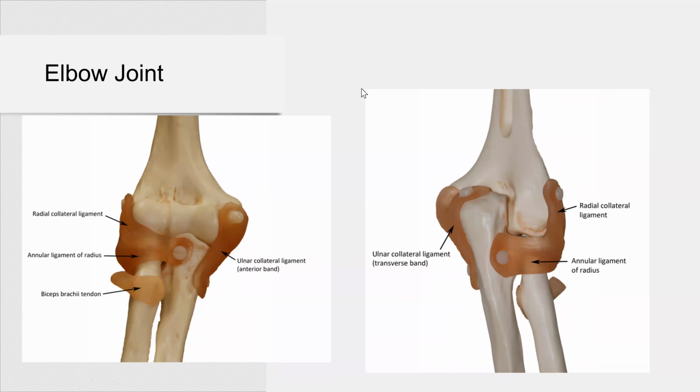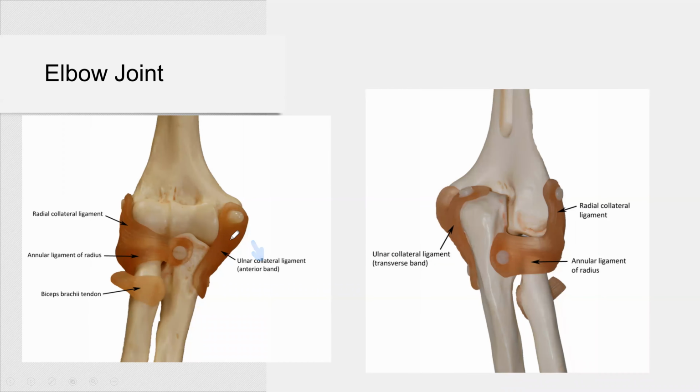Now let's look at the ligaments and again make sense of their names. So by the way, this is trochlea of a humerus, and over here is a trochlear notch of ulna that forms this hinge joint. Now the ligament on the ulna side is called ulnar collateral ligament, and collateral means same side.